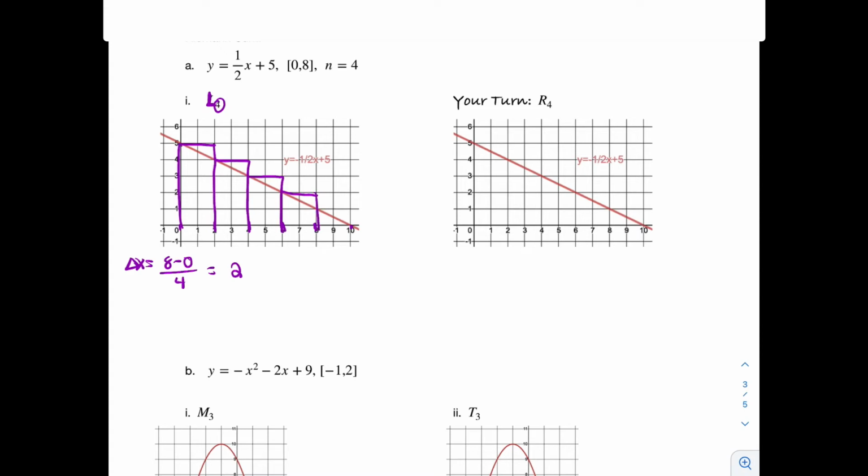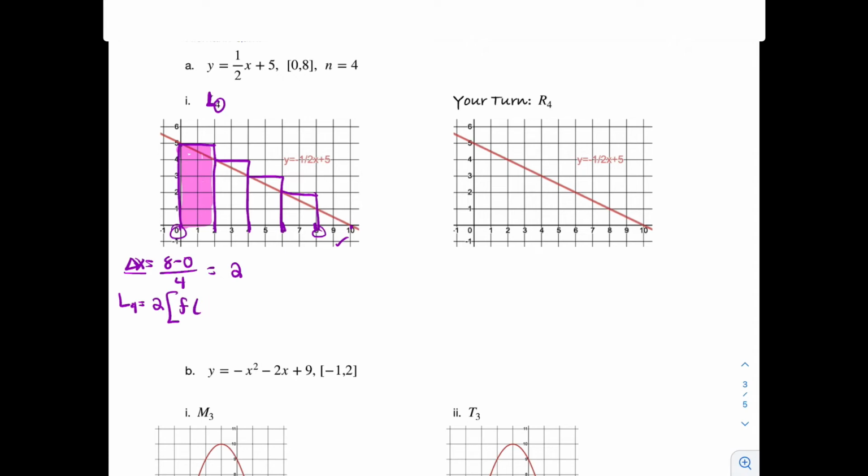And now our L4, our left Riemann sum with 4 subintervals, we can find by taking the area of each of these rectangles. Now notice that again delta x is in common, and so we can just factor out the delta x instead of writing it every time. So the area under the curve here would be delta x, which is 2, times our function value at the left endpoint, which is f of 0, plus our function value for the next rectangle.